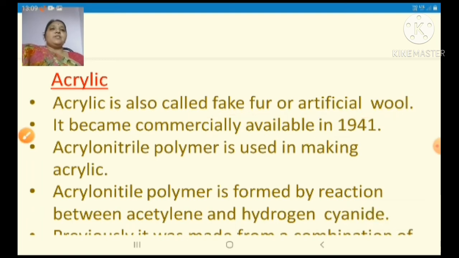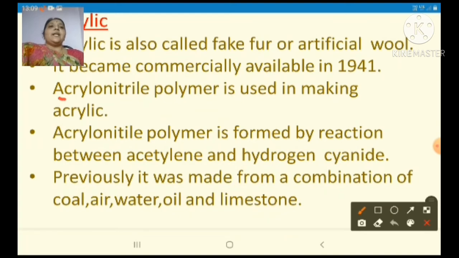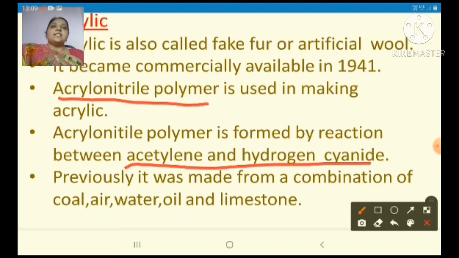The polymer which is used in making acrylic is acrylonitrile polymer. So how is this acrylonitrile polymer made? What are the monomers? That is acetylene and hydrogen cyanide.